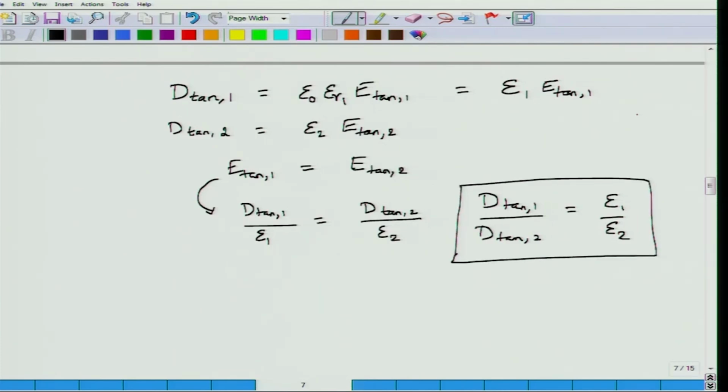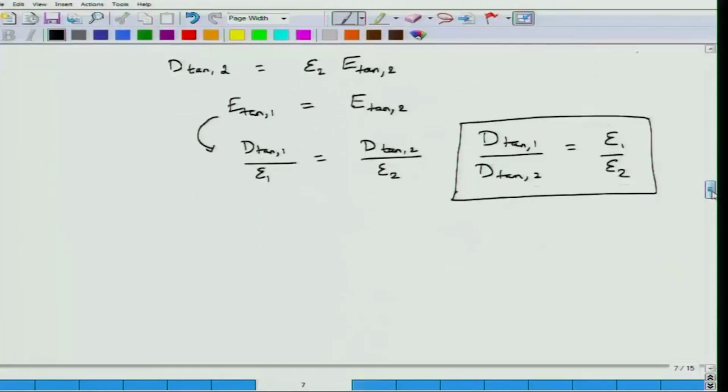So out of the vectors, we have obtained the E tan 1, E tan 2 relationship. If I know one of the fields, then I can find the other field. If I know the permittivity values, I can also find D tan 1 and D tan 2. So if I know the electric field E vector and the D field vector in one region, I can find the tangential electric fields in the other region.